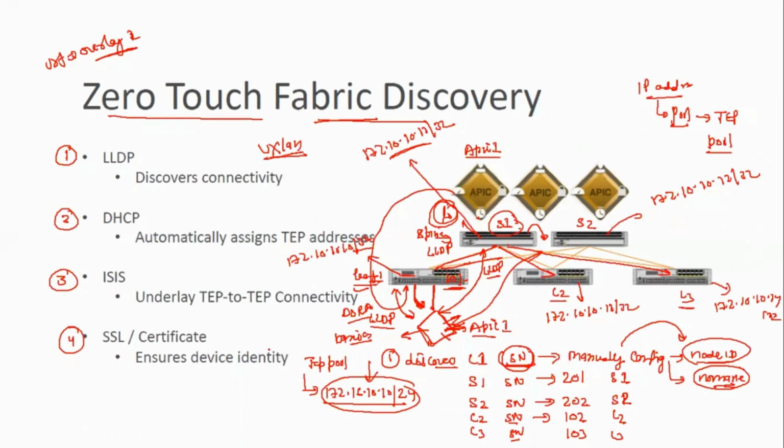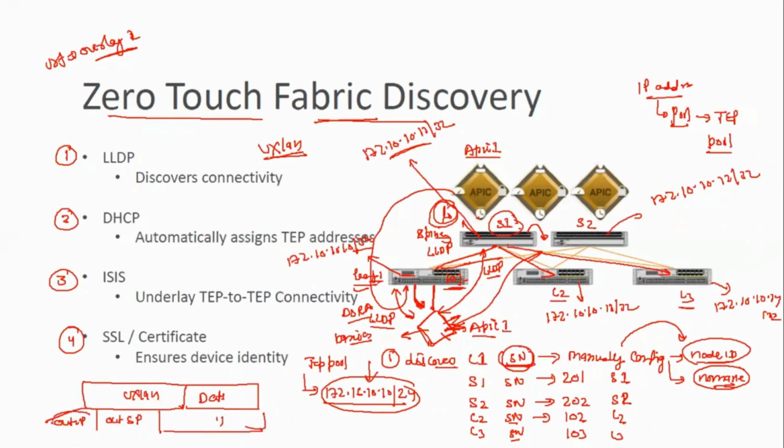In VXLAN, all your data traffic will be encapsulated with a VXLAN header. And what does the VXLAN header say? It carries the outer source IP and outer destination IP, and then your data traffic.